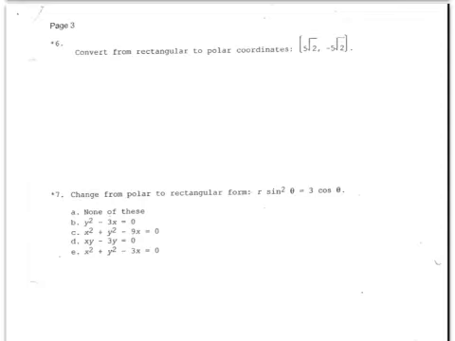Now we want to convert from rectangular coordinates to polar. So to do that, we need these 2 equations. Tan theta equals y/x, and x squared plus y squared equals r squared. So let's find r first.